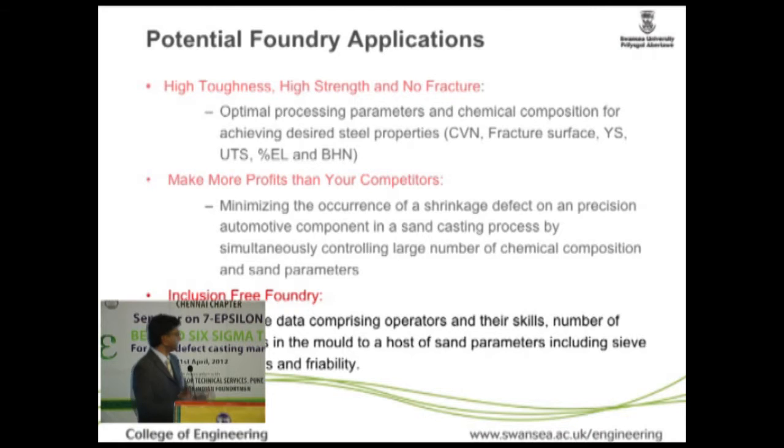Perhaps you can go into sieve analysis, friability, detail analysis to address this inclusion problem, because you can't do design of experiments. Of course, the cleanliness and the basic things that come to your mind, we assume, are already implemented, because that's why you are in this 4 to 5% range and not in the 20 to 30% range.